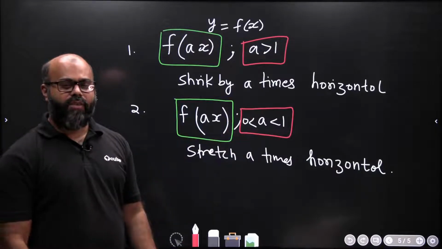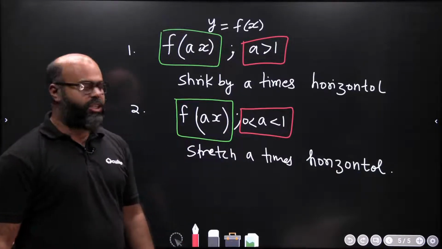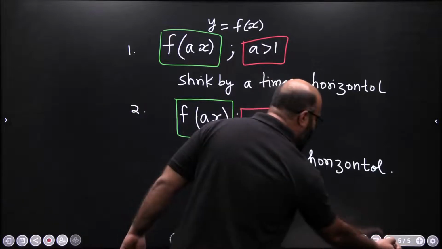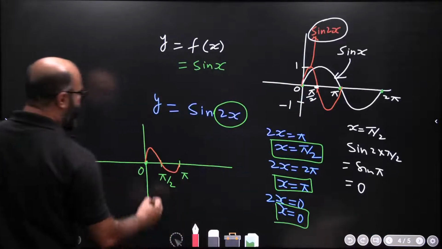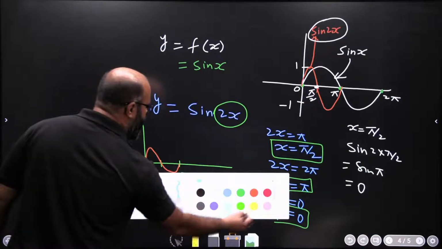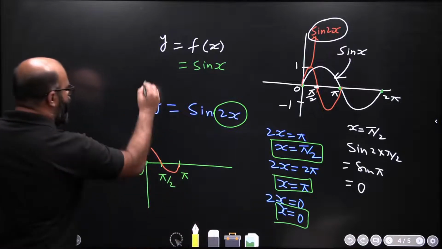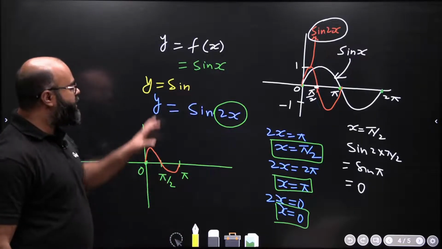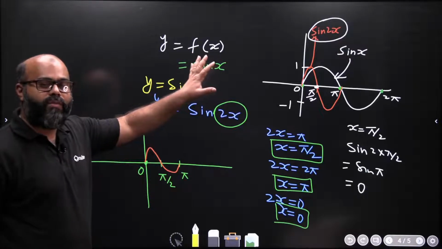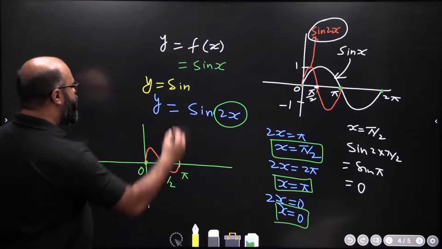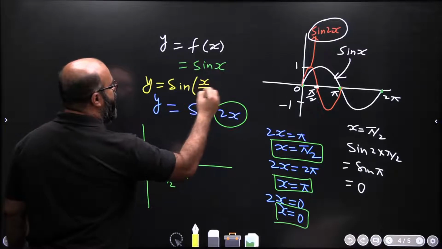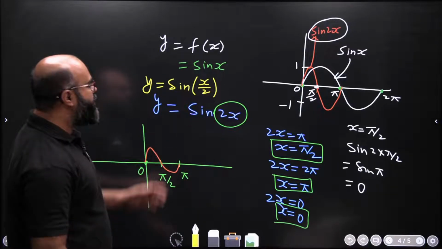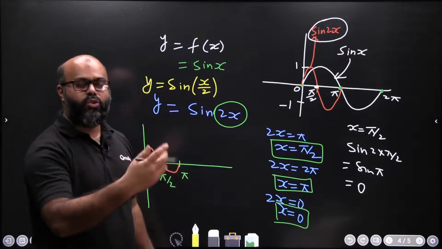So I will give you an example of getting stretched also in the same situation. Here if I take you to the graph of y is equal to sine, I am taking yellow color here, so you can understand that the new graph which will be plotted will be in yellow color. So sine x by 2, if I am talking about, this graph will actually stretch 2 times.